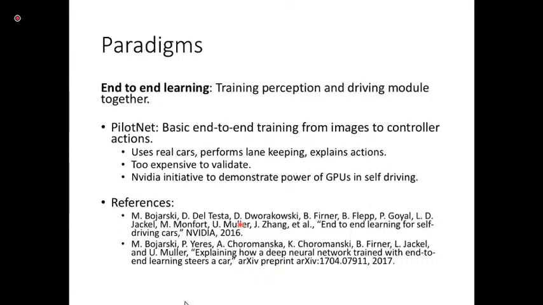It turns out that it is hard to train such end-to-end learning models, and even harder to debug them. Suppose you train, and on a particular frame there is an error. You don't know why the error is there, so there is very little explainability.